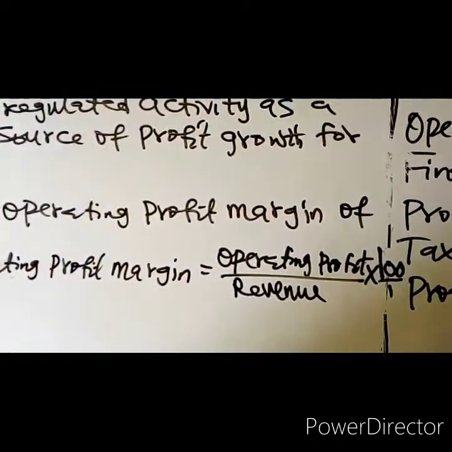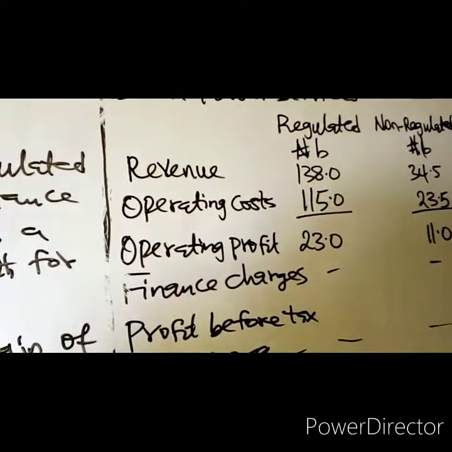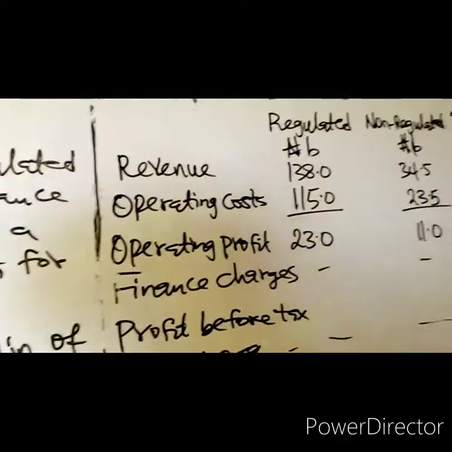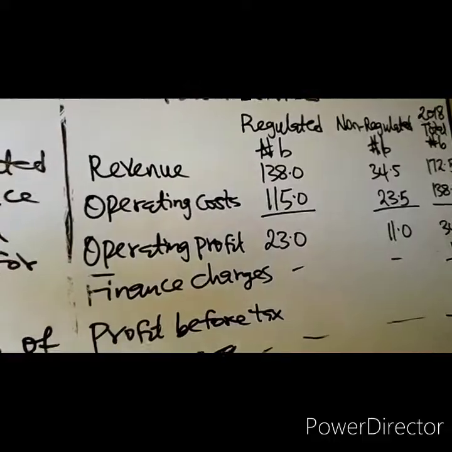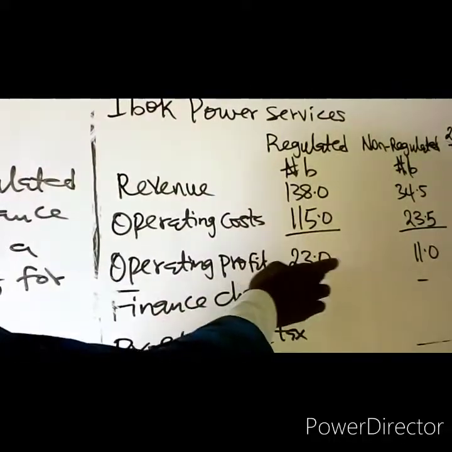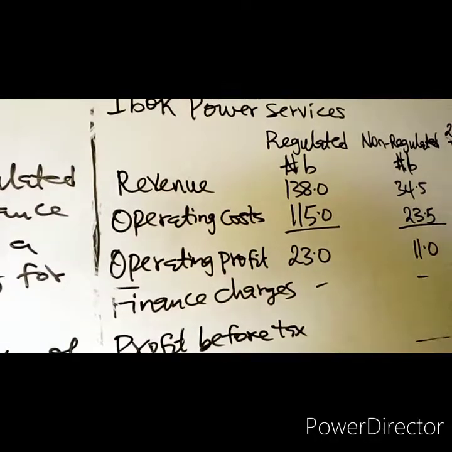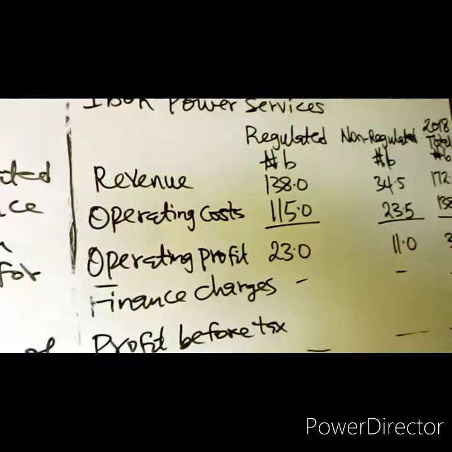Now, you have the operating profit from the regulated and non-regulated business. Regulated operating profit is 23.0 and non-regulated is 11.0.